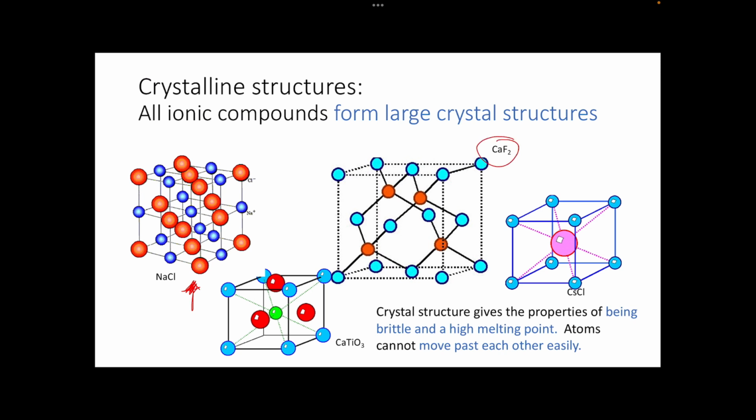If you look at calcium fluoride right here, the calciums are the orange ones, and the fluorines are the blue. You can see that they have a different structure that's not regular. Cesium chloride has a pretty regular structure, with the cesium in the middle here and the chlorine all around. And then this one, calcium titanium oxide, has a structure like that. So that's what it might look like if there's more than 2 elements in the compound.